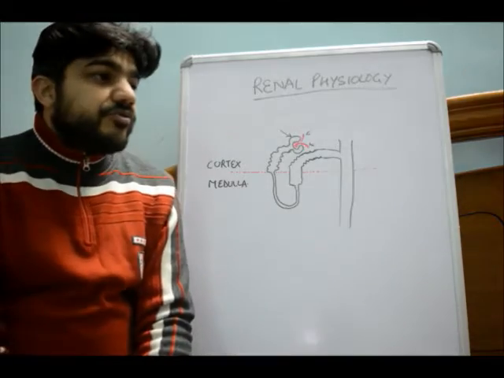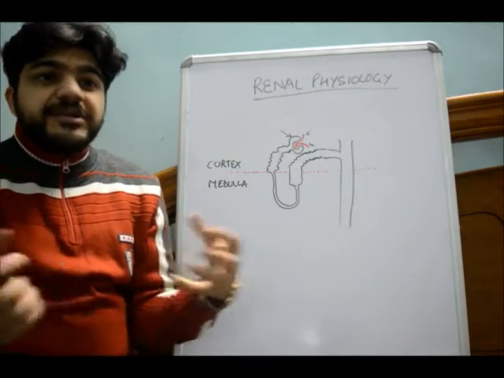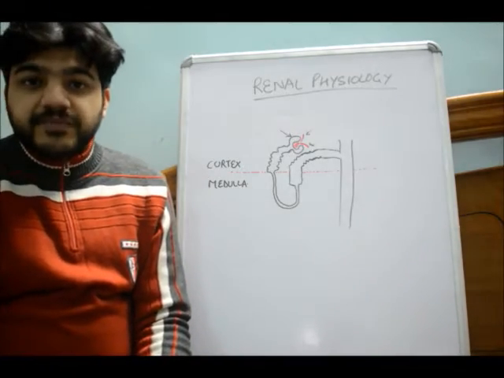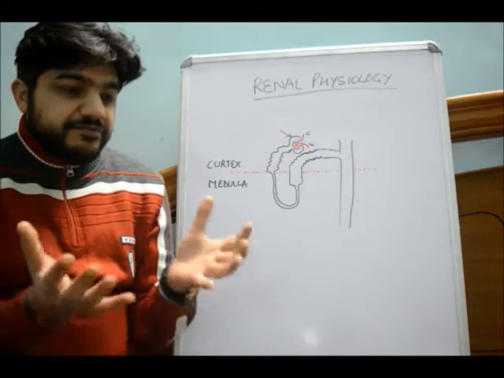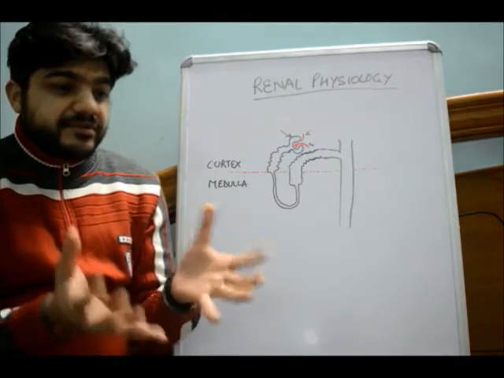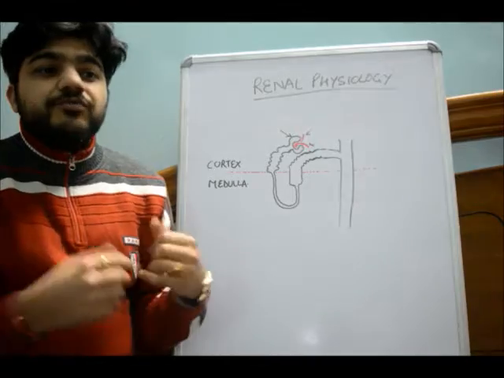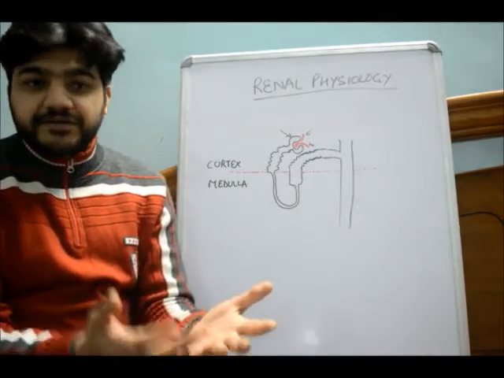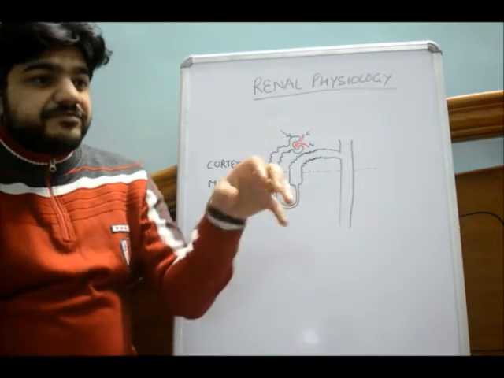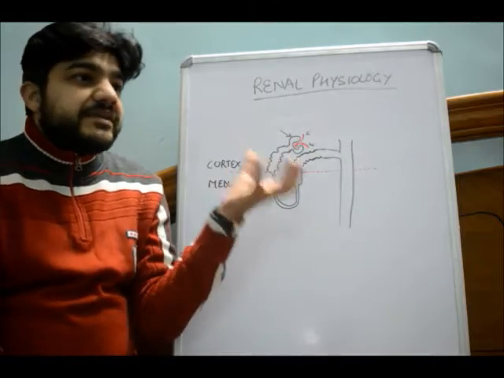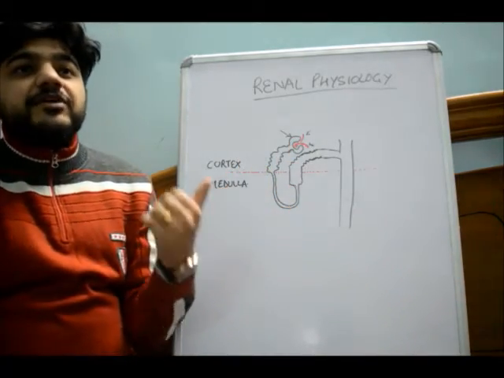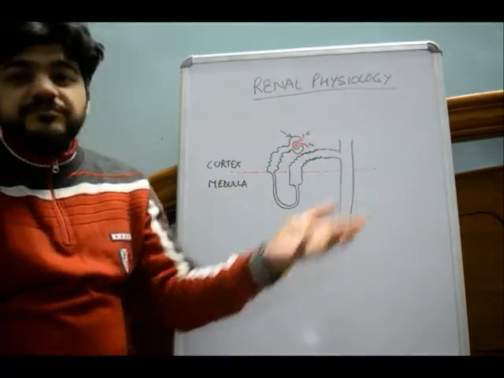Osmotic pressure normally tends to retain the water. Wherever the colloids are high, they will not allow water to get out of that compartment. So if there are more plasma proteins inside the blood, they will not allow water to filter out.